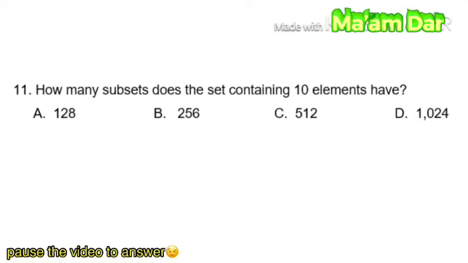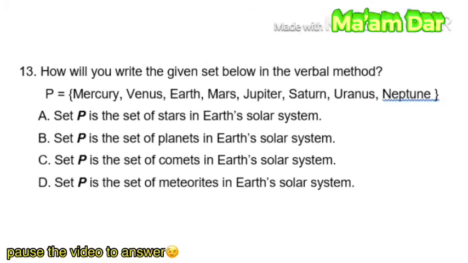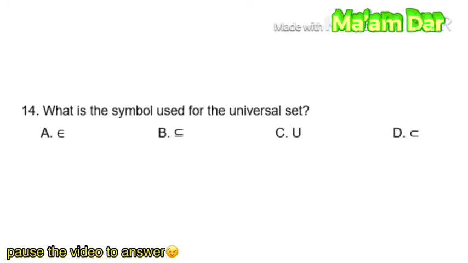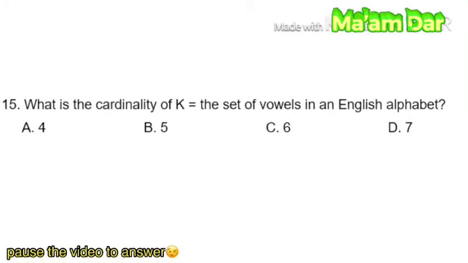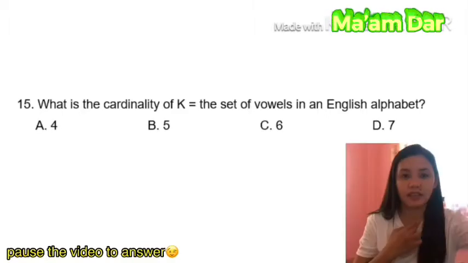Number 11. How many subsets does the set containing 10 elements have? Number 12. Which of the following statements below is not correct? Number 13. How would you write the given set below in the verbal method? Number 14. What is the symbol used for the universal set? Number 15. What is the cardinality of K if K is the set of vowels in the English alphabet?